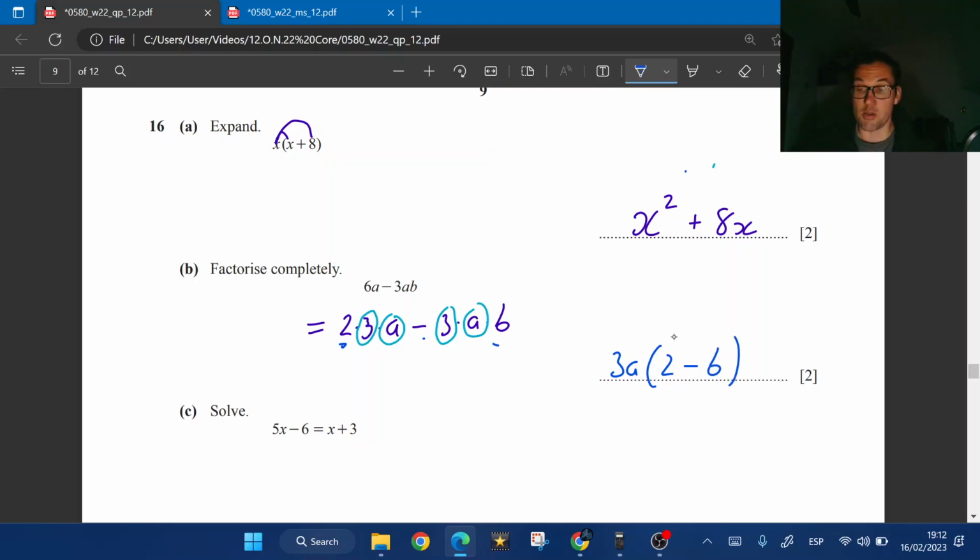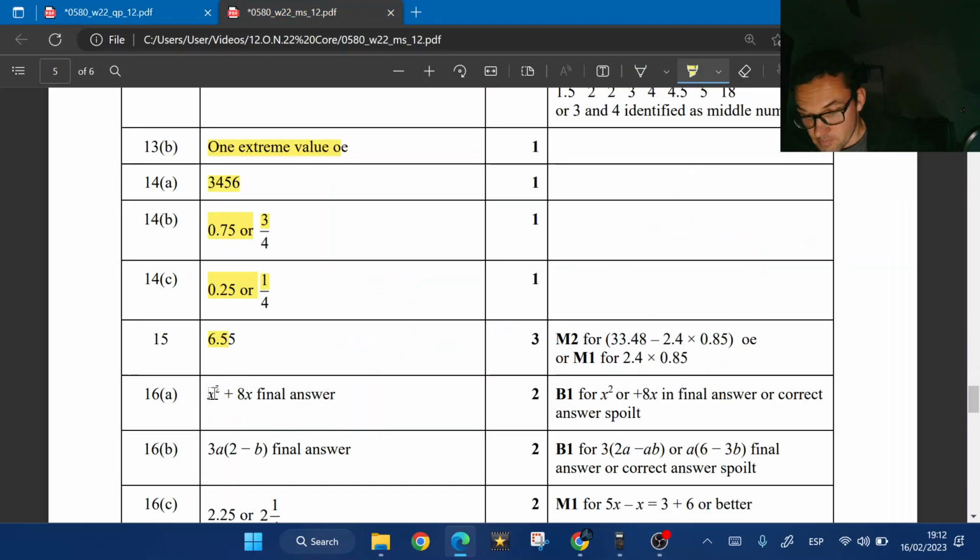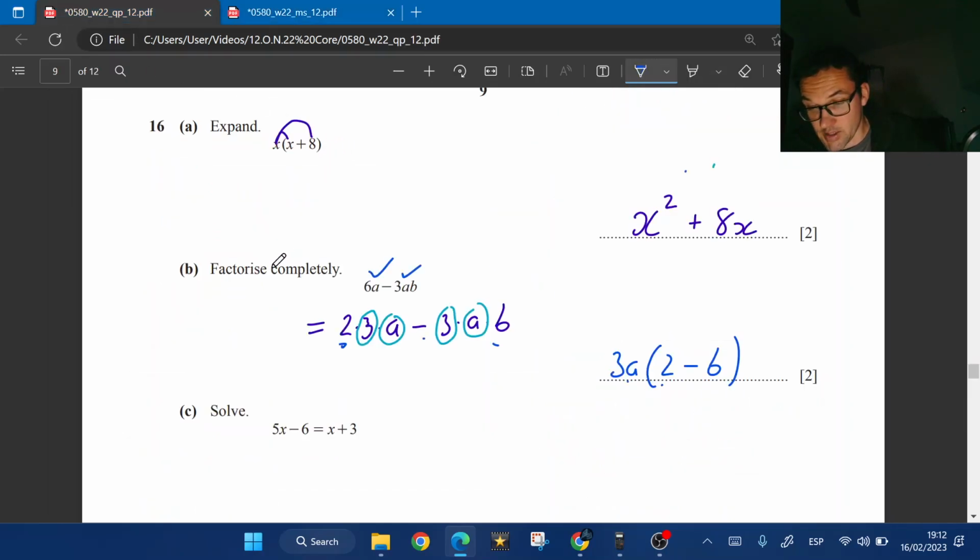Double check: 3a times 2, 6a, that's right. 3a times minus b is minus 3ab, and you know it's right. Don't factorize it partially, you only get 1 mark if you don't factorize out the 3 and the a. It does say completely.